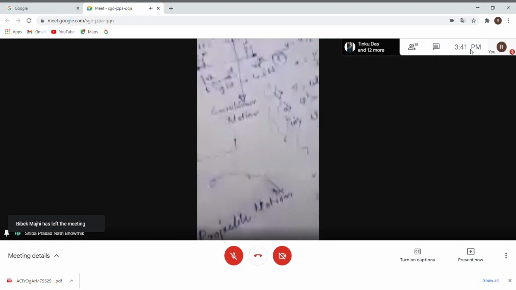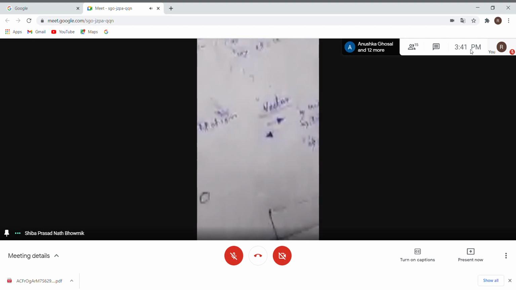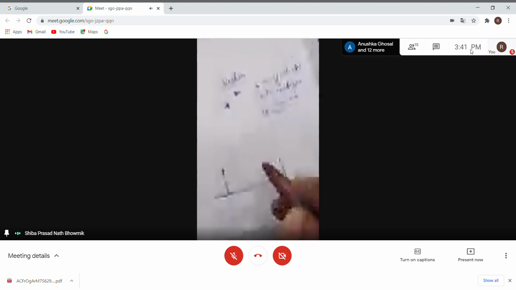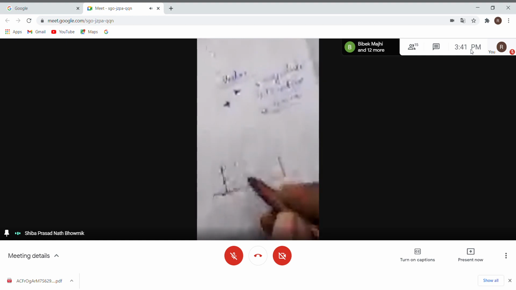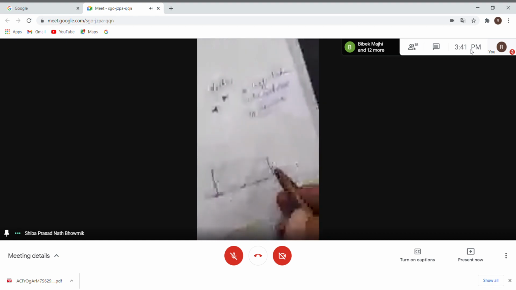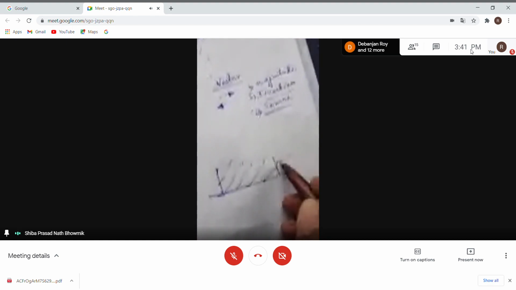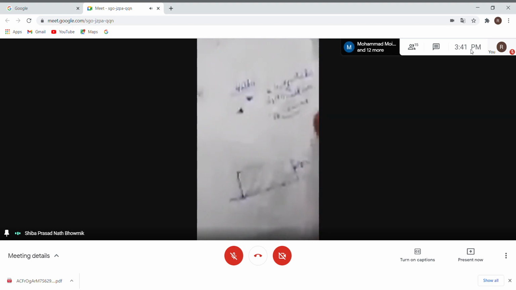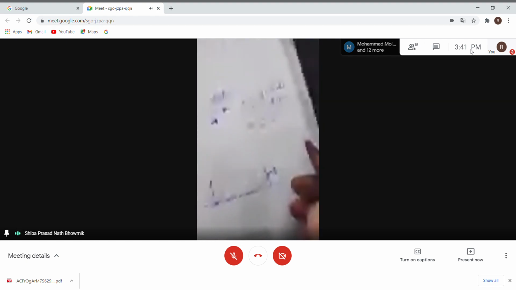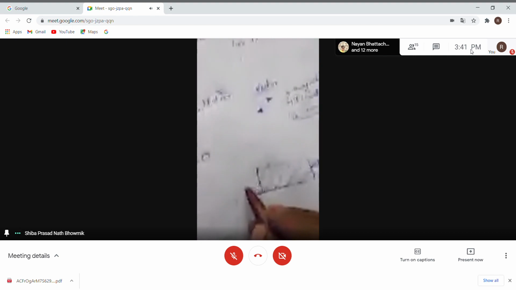As an example, suppose one object is resting on a plane. Say this is the object, and two forces are subjected. Say one is acting from right to left. Say it is F1.